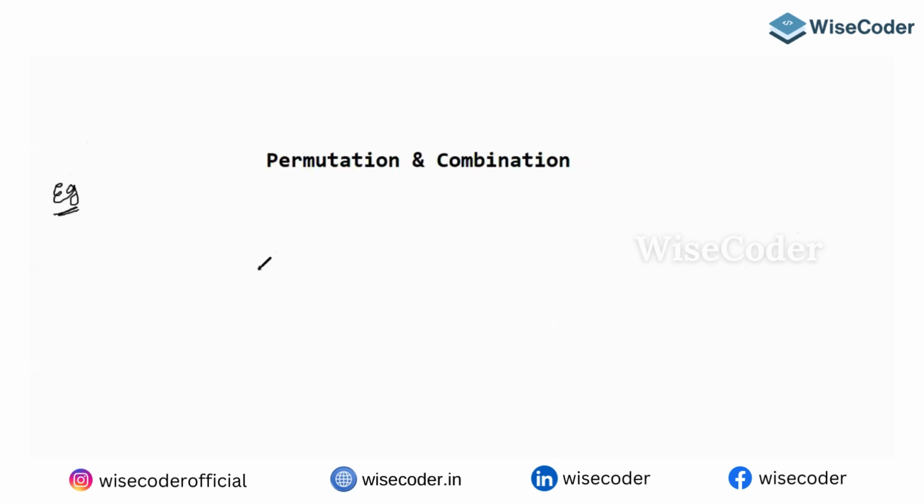Let me draw a diagram. This is A, this is B. From A to B, there are three ways. If there is city A and city B, there are three ways I can reach city B. From B to C, there are again four ways.